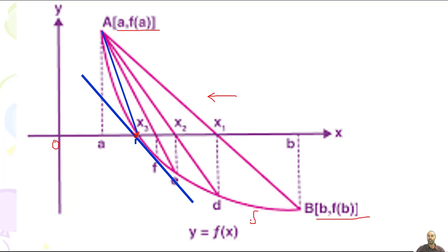This is f of x. Clear? So you are approaching with a line being drawn. Then you are approaching this direction, so that this chord where y equals 0 and the curve f of x equals 0, then it will be the root.